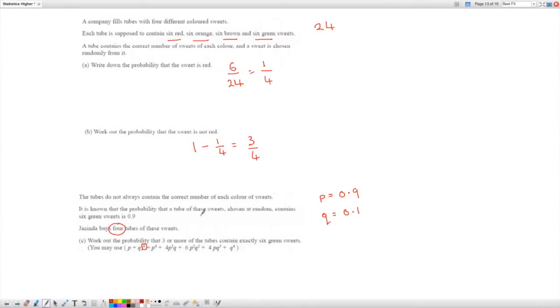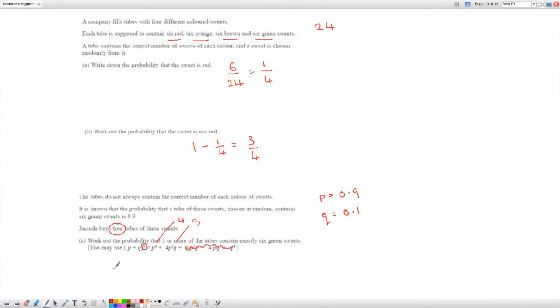So we need to look at this part, which represents 4, and this part that represents 3. We're then going to add that together to find the probability of 3 or more. This would represent 2, this would represent 1, and this would represent 0. We're not interested in those because we're looking at the probability of 3 or more.